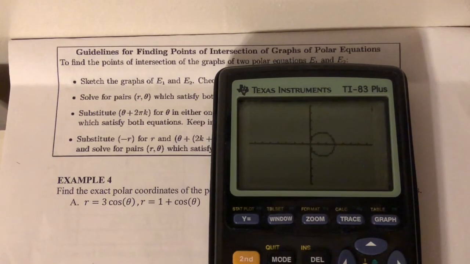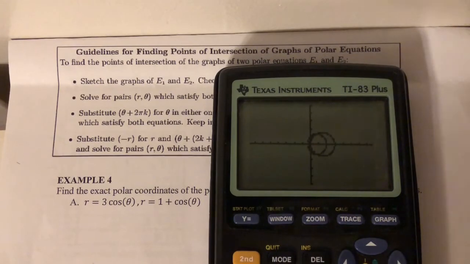So it looks like I've got a circle. And looks like probably a cardioid. We might want to zoom in a bit just to get a better picture.